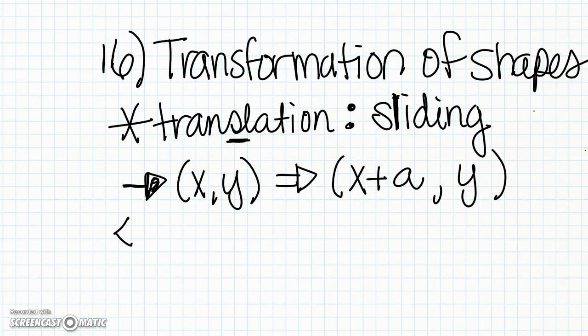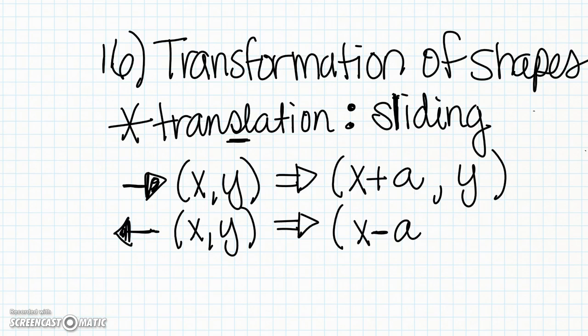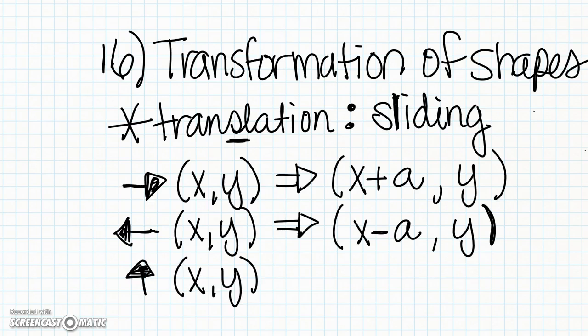If we want to translate it to the left, you start off with x, comma, y, and that's going to change to x minus a, comma, y. Now, if you want to move your shape up, your x, comma, y will look like x, comma, y plus b.